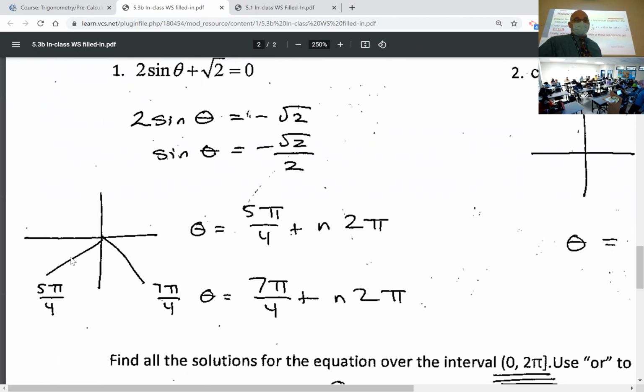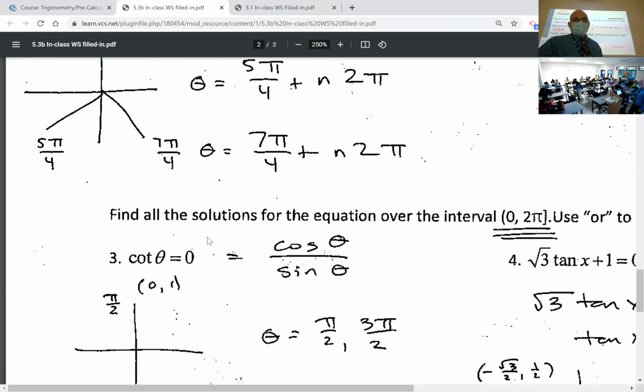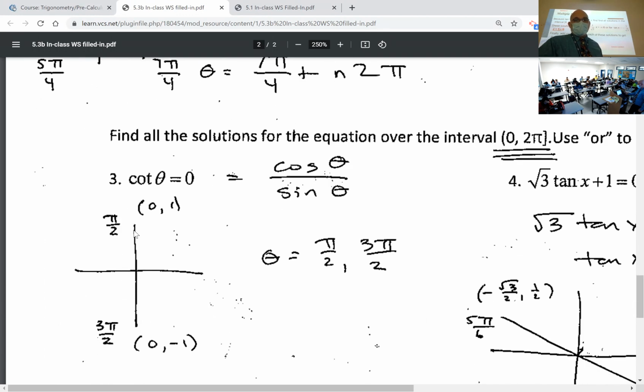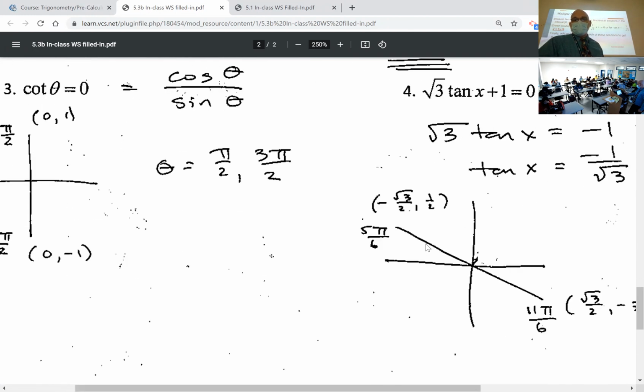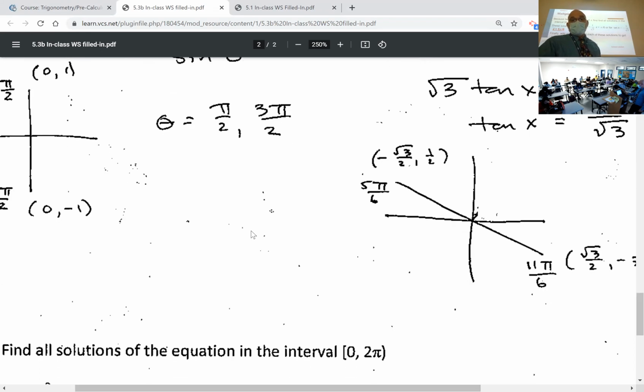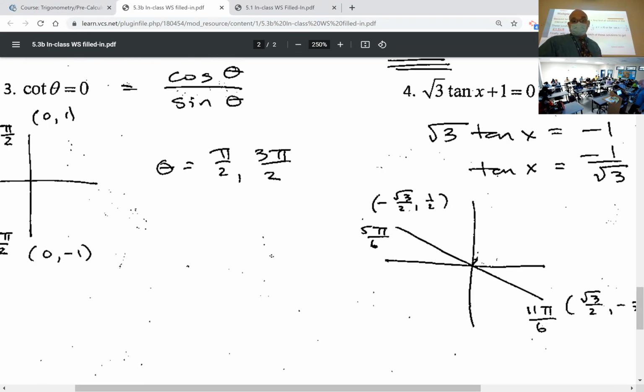For tangent and cotangent, it's always halfway across the circle, so the period is just pi. All right, good questions.